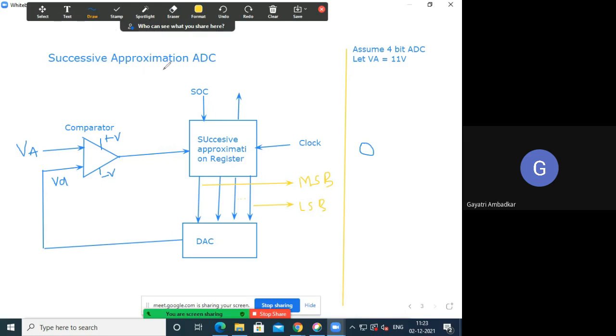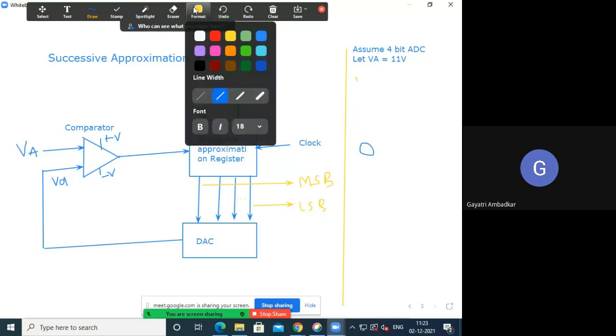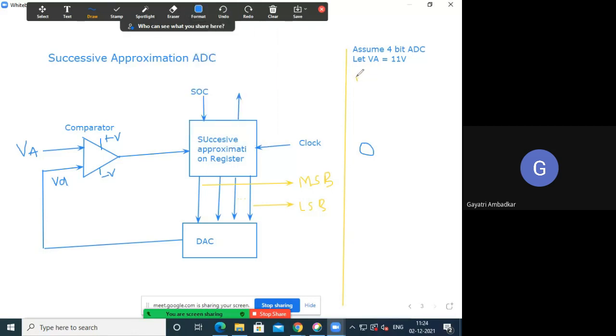Okay, so this is 11. So it starts the conversion. When it starts the conversion, it sets its MS bit to 1. It's a 4-bit, all are 0 previously, this is the MS bit and this is the LS bit. So it makes the first bit 1 and the rest 0.